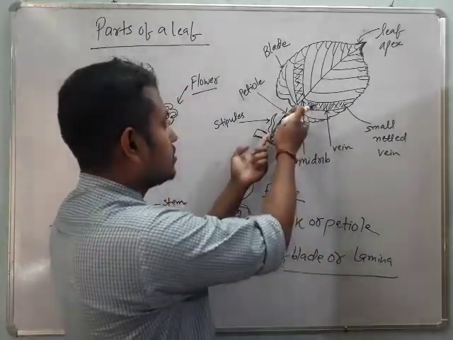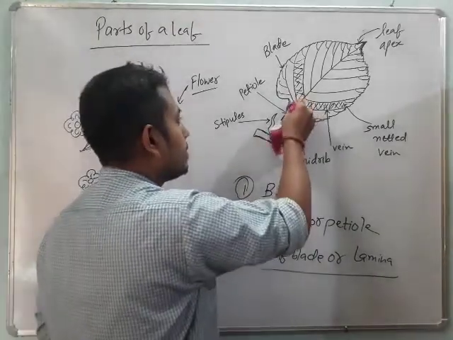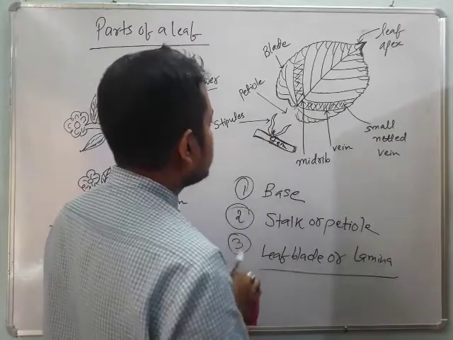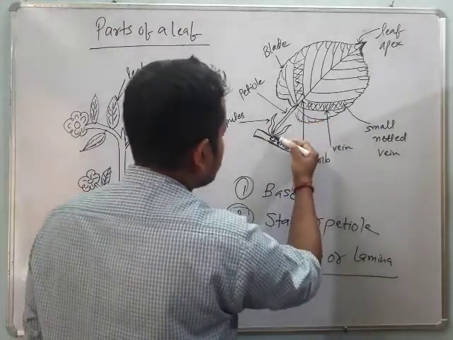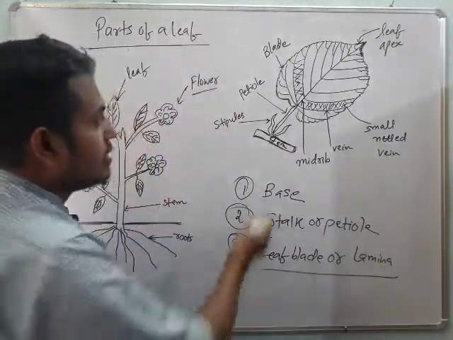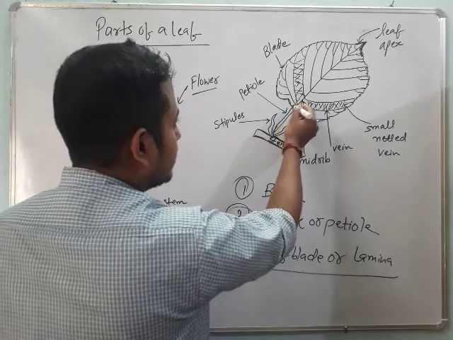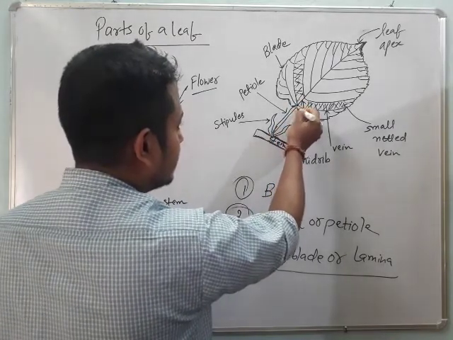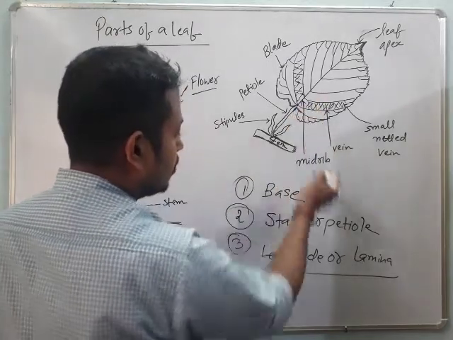This petiole, this part, this stalk or petiole is connected. See, it is connected here, right? So it is connected to the lamina, or you can say the leaf blade.